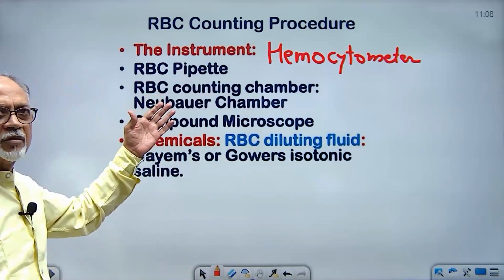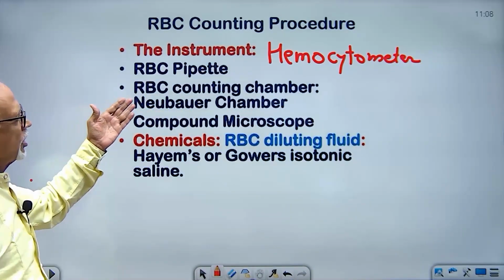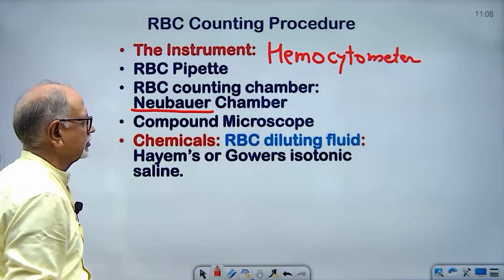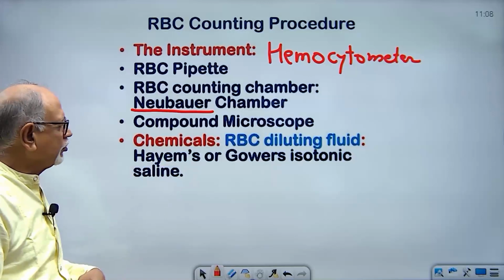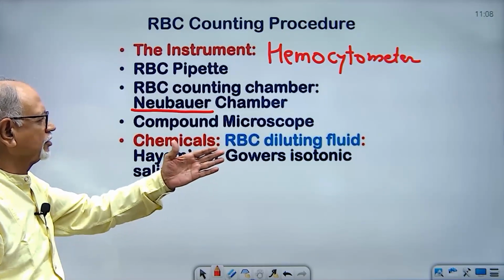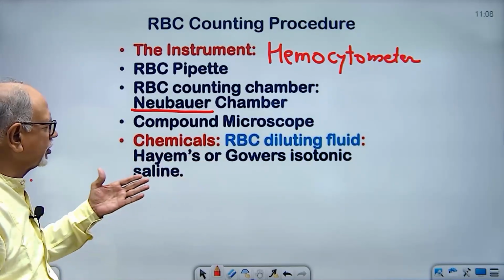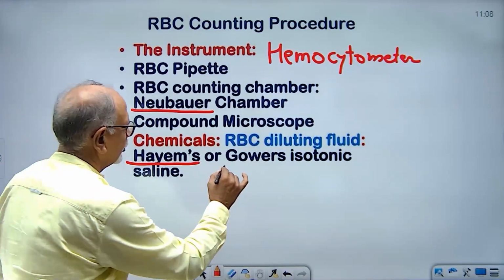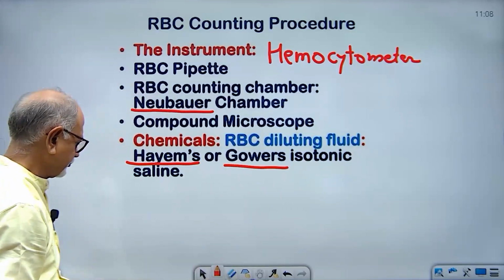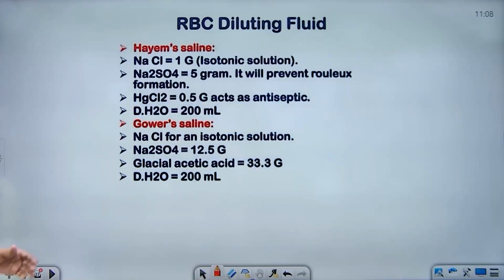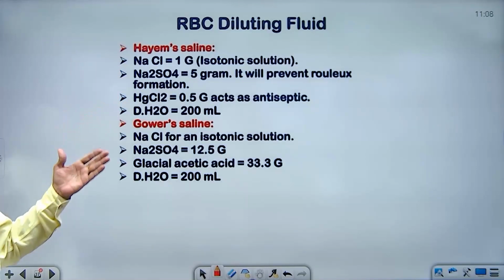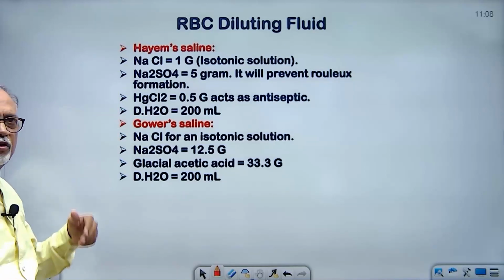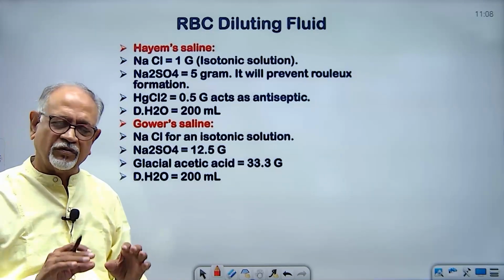It contains an RBC pipette, an RBC counting chamber, that is called Neubauer chamber, a compound microscope, and chemicals which are called RBC diluting fluid. One is Hayem's fluid, another is Gower's isotonic solution. Here is the composition, just for your reference, of Hayem's saline and Gower's saline, which are used for dilution of the blood sample.